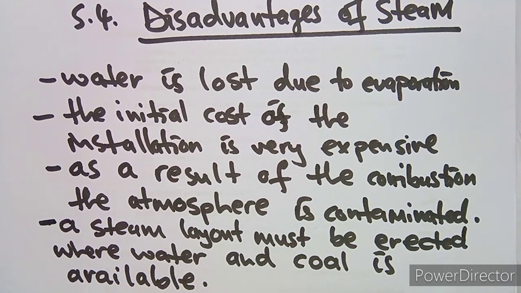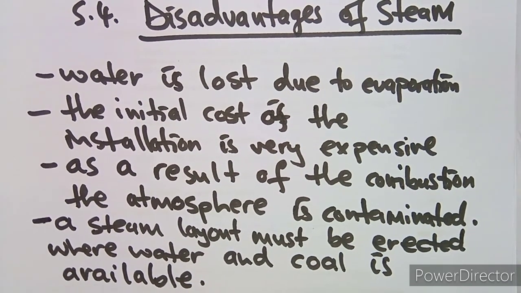A steam layout must be erected where water and coal are available. You have to locate a place where you can find water and coal at the same time. As you can see, guys, it's very difficult to find such a place, and that's why we have fewer regions with these plants, because you need all the requirements at the same place. So that's it, guys, on the disadvantages of steam.